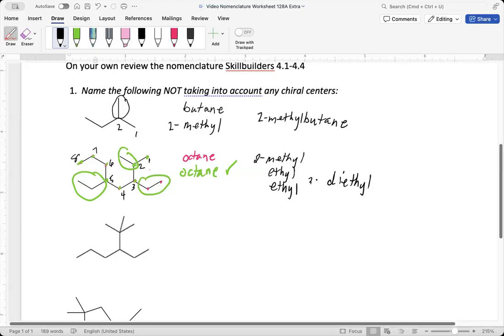So that's going to be 3,5-diethyl. So the name overall is, oops, now that we have all the substituents, we have to alphabetize them. And we're going to alphabetize them by the E, because remember we ignore the di, and the M.